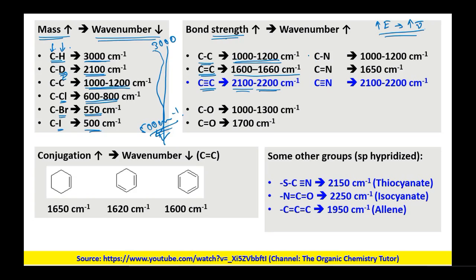However, if you compare this with this one, so we have C-N, 1000 to 1200, and the double bond, if you see, 1650 over here, also is around the same region. Again, the C triple bond C, we are having 2100 to 2200.